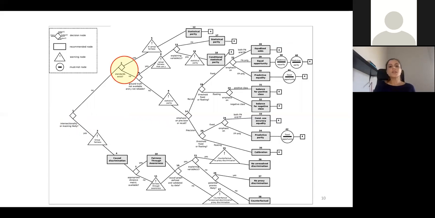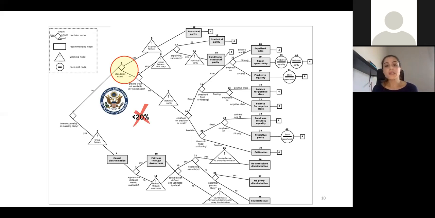Okay, now let's continue with the second criterion, which is whether some standards or policies exist. In some real life settings, some policies are imposed to avoid discrimination. For example, the guidelines of the US Equal Employment Opportunity Commission state that a difference in acceptance rates between two subpopulations exceeding 20% is illegal.